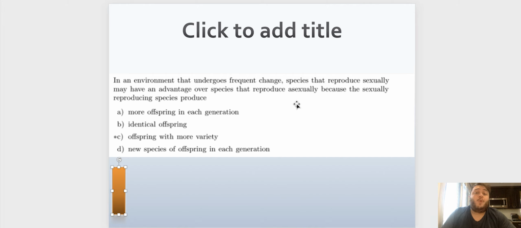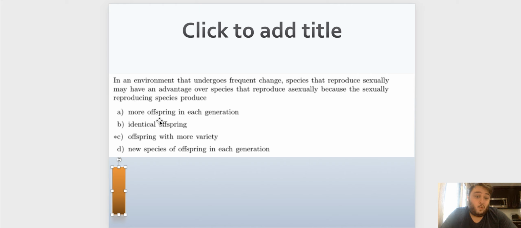Also, think back to when we spoke about biodiversity. The more biodiverse, the more variety there is, the more stability, the better things are. So this is the only right answer here, because the others do not make sense. Sexually reproducing species produce more offspring in each generation. That is false. We know that to be false because we learned that one of the advantages of asexual reproduction is that they produce a ton of offspring, while sexual reproducing usually only a few.